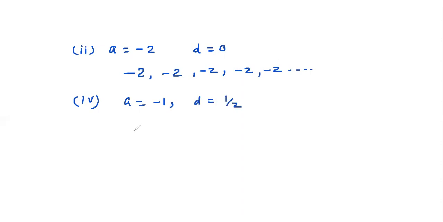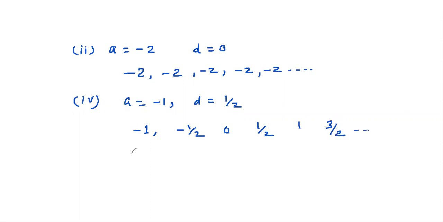So the first term will be -1, then we have to add 1 by 2 to it, so we will get -half. Then again when we add 1 by 2, we will get 0, then 1 by 2, then 1, then 3 by 2, and so on.